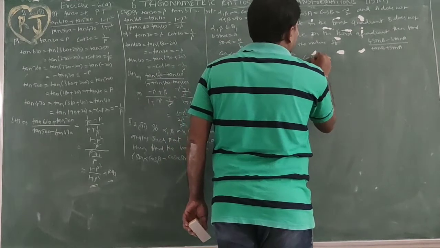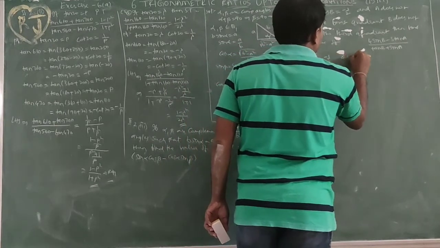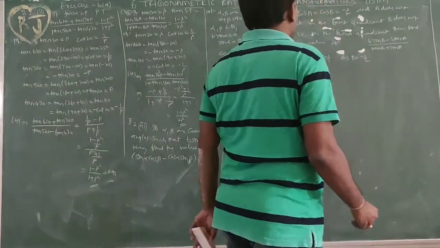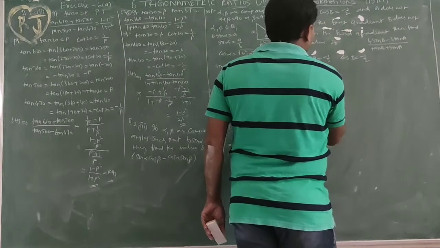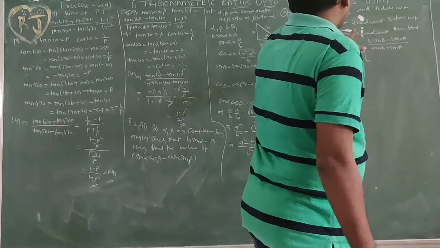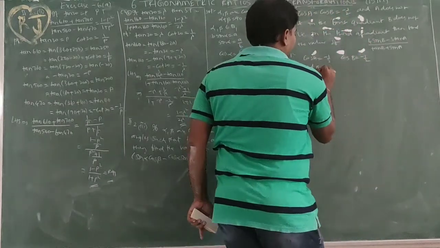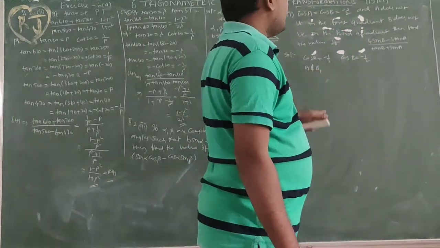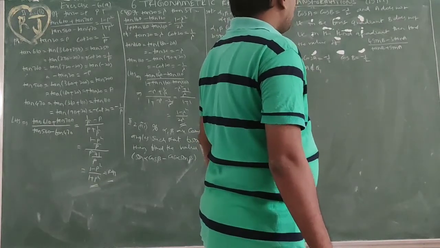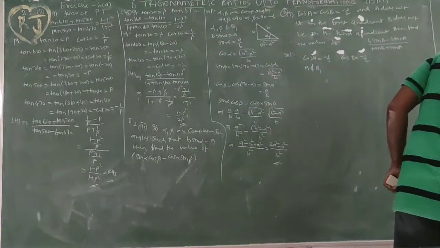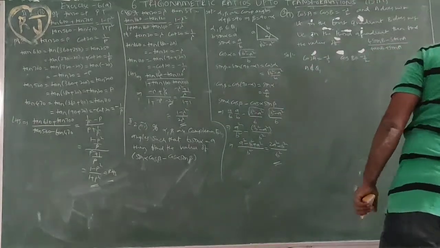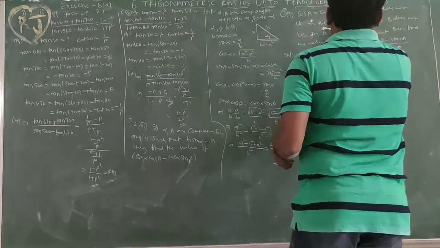Cos A equals minus 1 by 2, cos B equals minus 1 by 2. So both cos A and cos B are minus 1 by 2. Actually, a slight correction: A does not lie in the second quadrant.